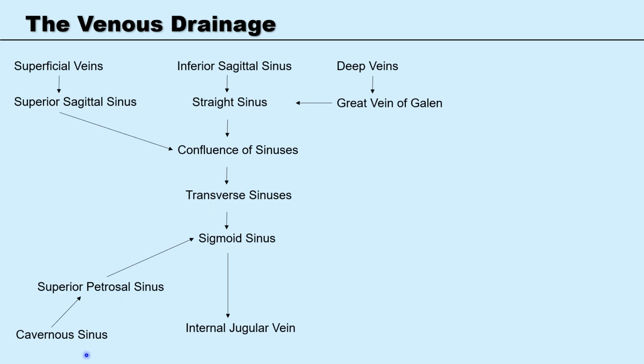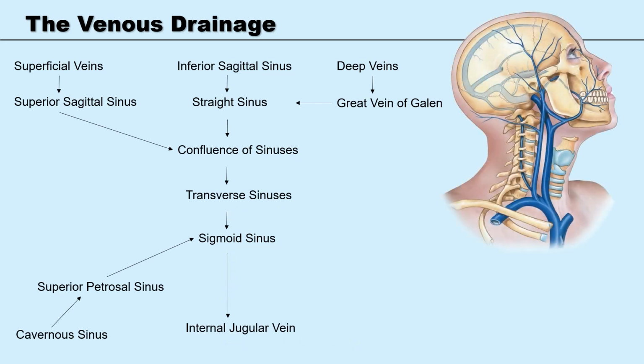Anteriorly, the cavernous sinus drains into the superior petrosal sinus, and the superior petrosal and the transverse sinuses drain into the sigmoid sinuses. The sigmoid sinuses are the direct link and drain directly into the internal jugular vein, which can be seen here.